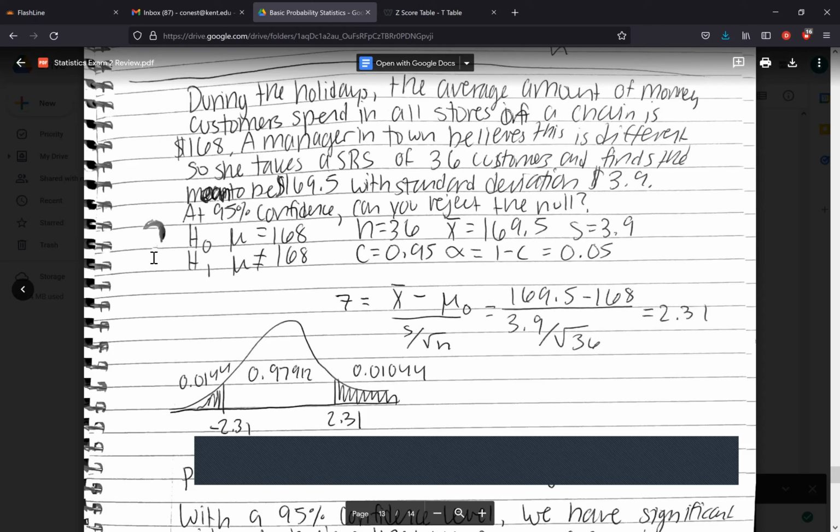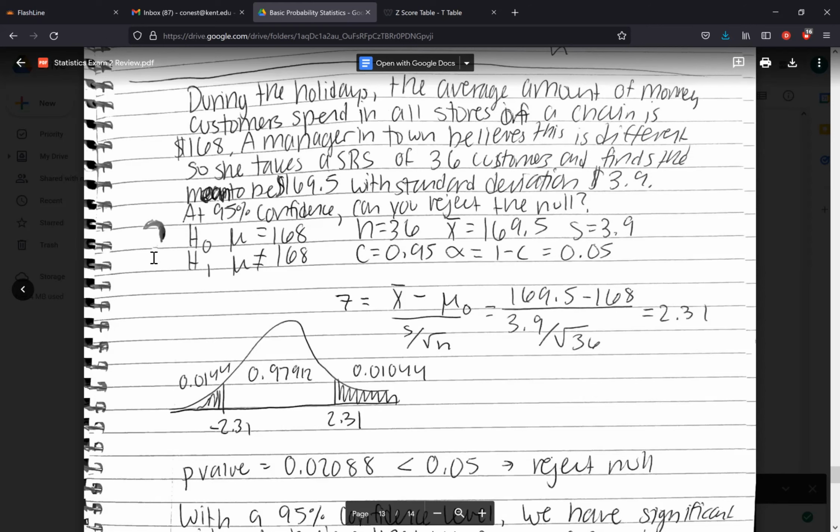So we've stated our hypotheses, and now we should write down what we know from the problem, what we're given. So the simple random sample had a sample size of 36, and it had a sample mean of 169.5 with a sample standard deviation of 3.9. Our confidence level is 95%.